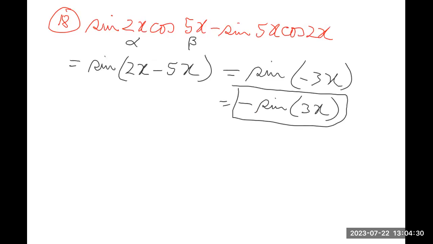Let's look at number 20. In this problem, we are given that the sine of an angle A is 2/3, and that it's a second quadrant angle.